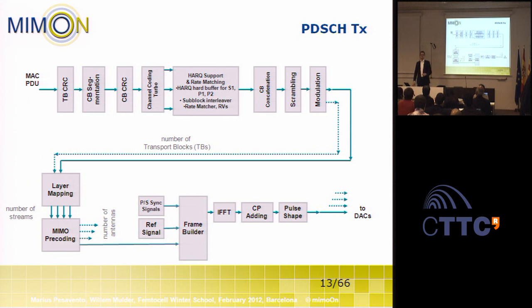If they are from the same code word, then no. But you can have two code words. Each user can have up to two code words, so also two code rates and two modulation schemes. That is the maximum restriction for each user.